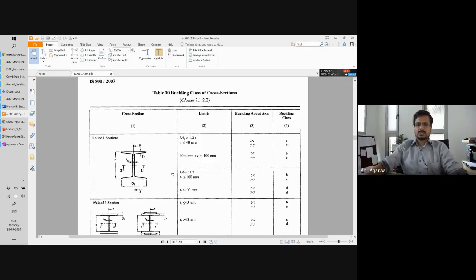I had even drawn it slightly. So as it is more likely to be imperfect in YY axis buckling, that's why you use a lower class in YY axis than in the ZZ axis. Like A versus B here and B versus C here.